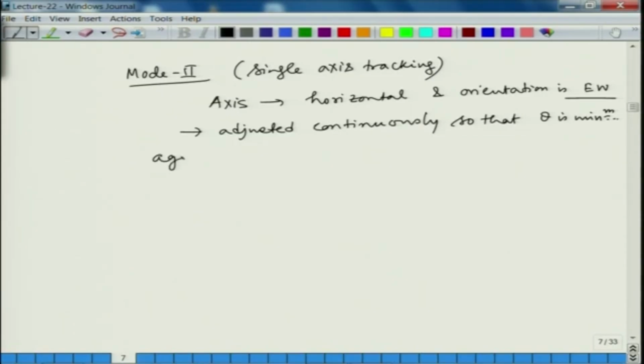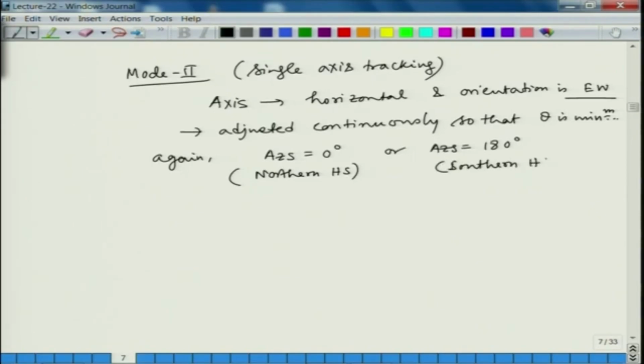So, again this AZS is either 0 degree or 180 degree. This is for northern hemisphere and this is for southern hemisphere. Now, what we have is this cos theta. Theta is not 0 degree at solar noon, so we cannot write that kind of expression.